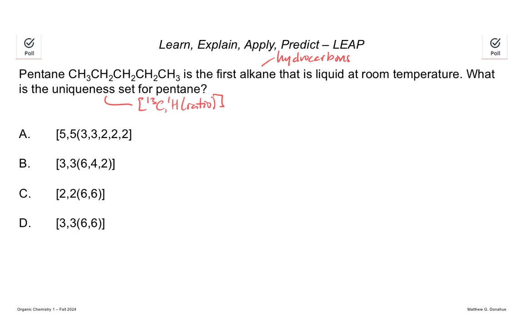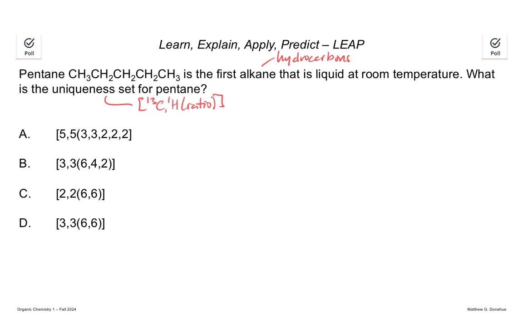So these questions are written by me. They'll resemble questions that you see on your exams. It says pentane, and then it has this collection of CHs and numbers, is the first alkane that is a liquid at room temperature. What is the uniqueness set for pentane?